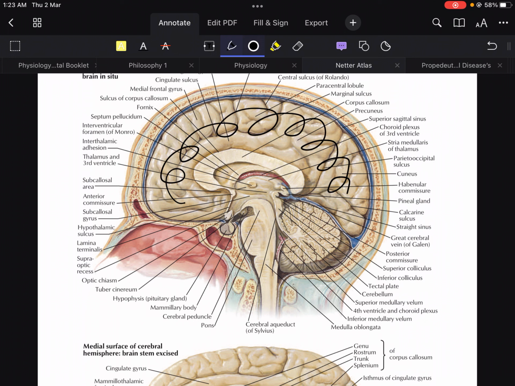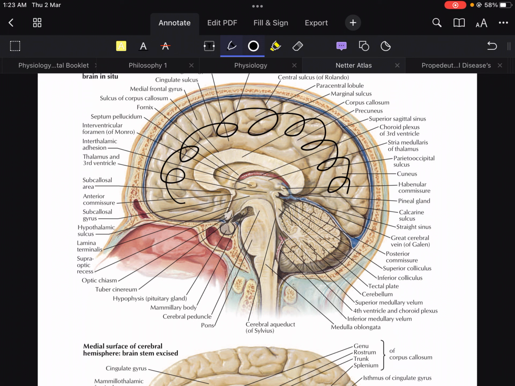Also in the forebrain, we have different lobes with the same names: frontal, parietal, occipital, and temporal lobe.